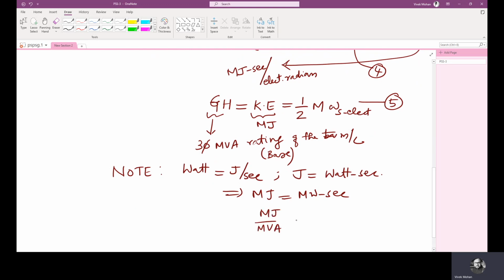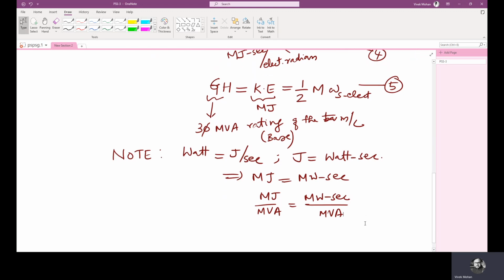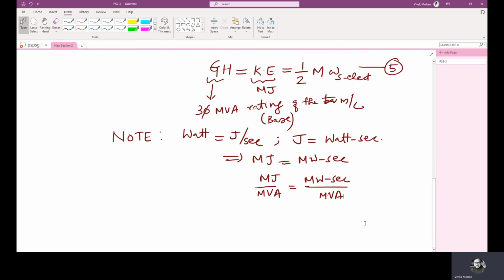Megajoules per MVA equals megawatt seconds per MVA, right? Now megawatt per MVA is a dimensionless quantity, right?